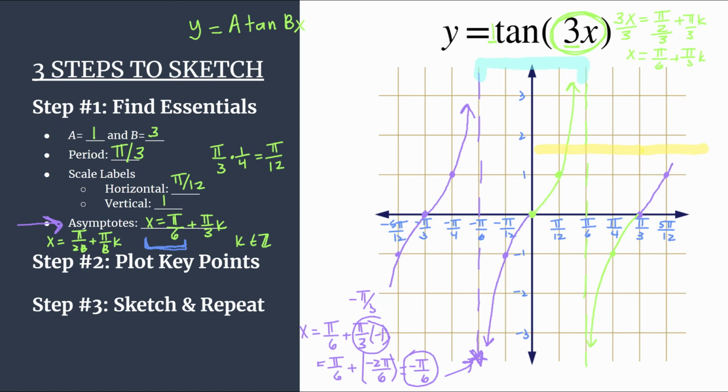So that would be a second cycle at 2 pi over 3. And a third cycle would happen between 2 pi over 3 and pi. And so that is what B tells us: how many cycles happen between 0 and pi. So hopefully this helps you graph tangent of 3x, and you can apply all of this to any unshifted tangent graph.